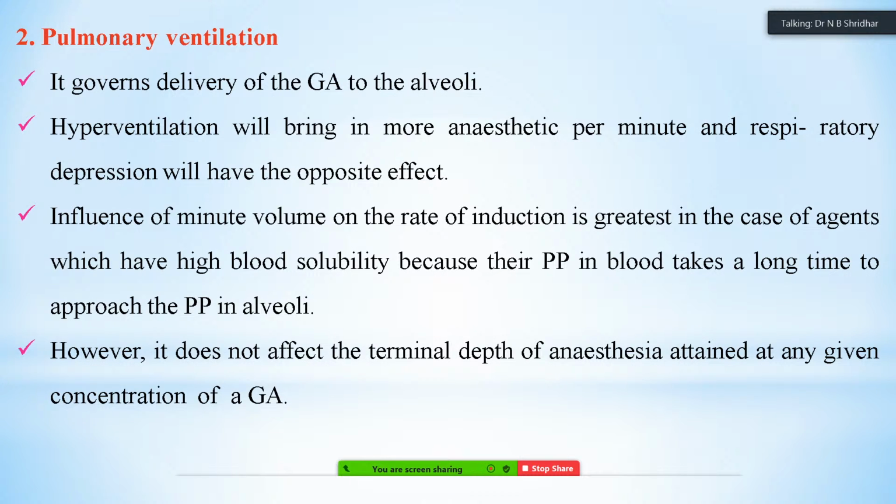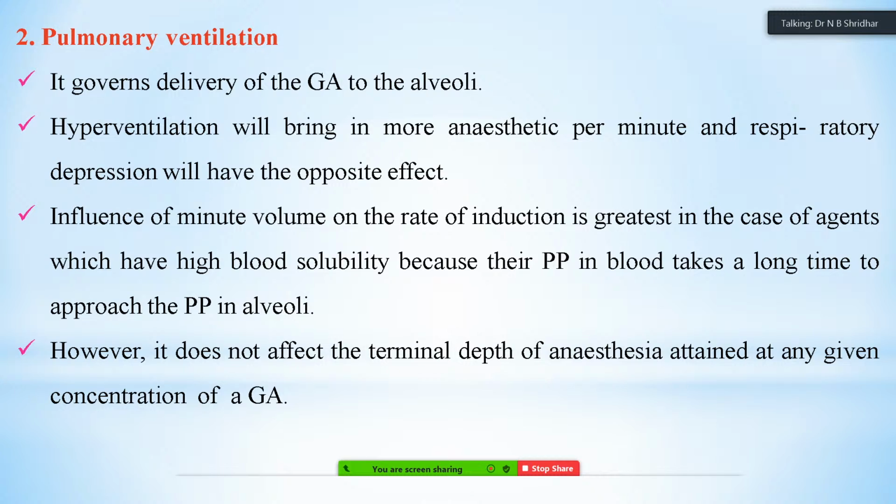Another factor is pulmonary ventilation. It governs the delivery of the general anesthetic to the alveoli. Hyperventilation will bring in more anesthetic per minute, and respiratory depression will have the opposite effect.